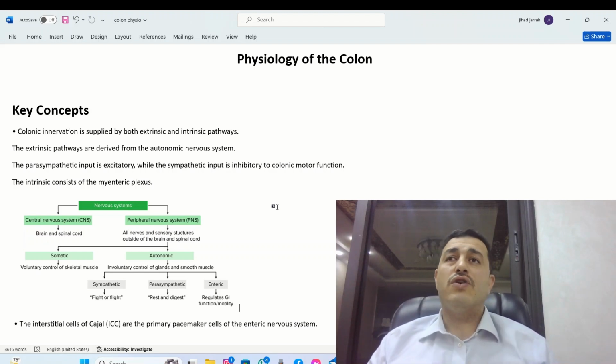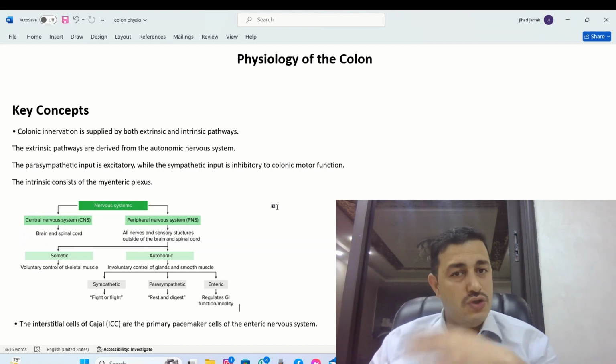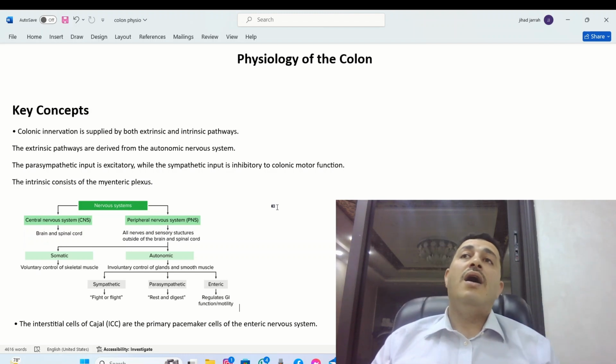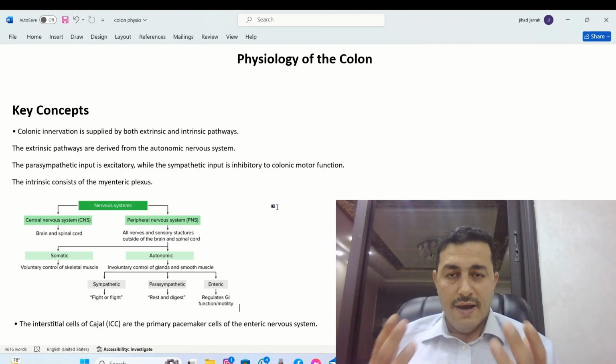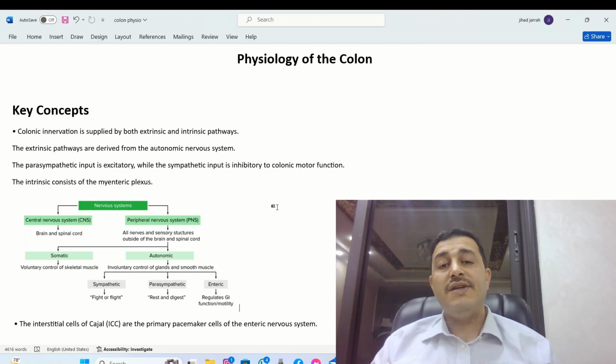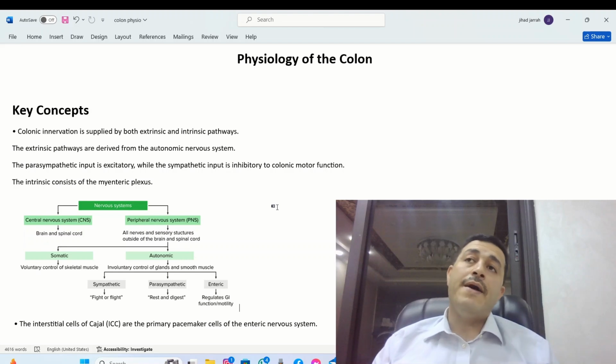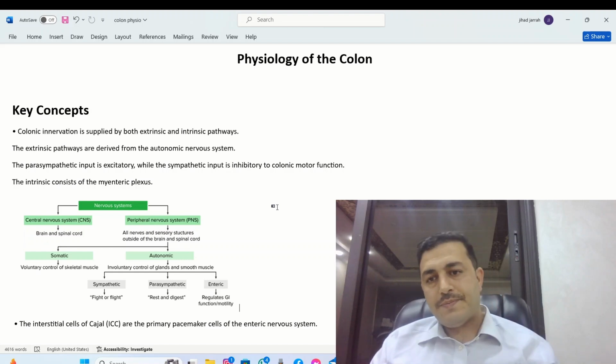Also, of the functions of the colon is passage of stool toward the rectoanal region, and storage of fecal material before evacuation, especially in the left colon.